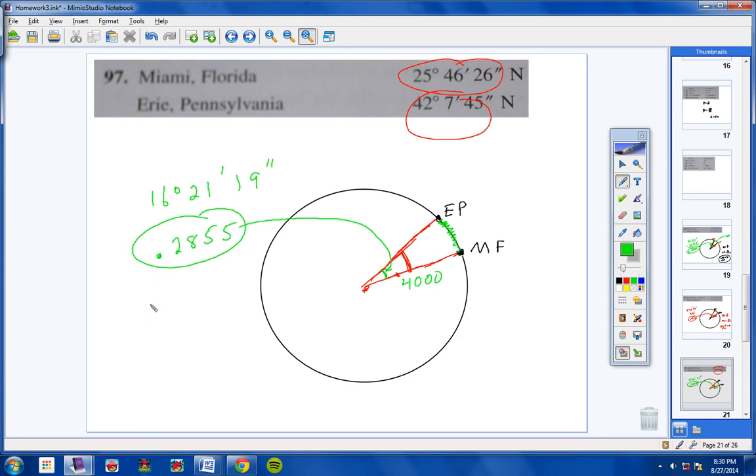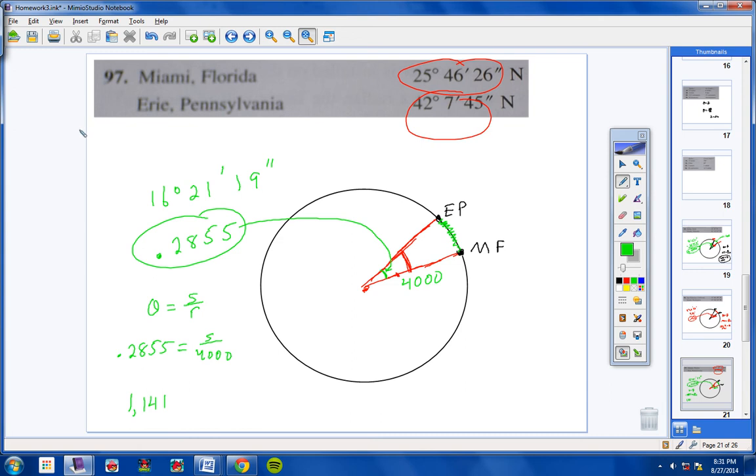So here we go. Theta equals S over R. For theta, we'll put 0.2855. And for the radius, I'm going to put 4,000. If I multiply both sides by 4,000, I will get 1,141.81. Of course, I'm rounding, and so if you're off a little bit, don't worry about that.